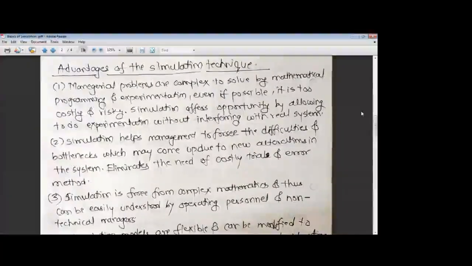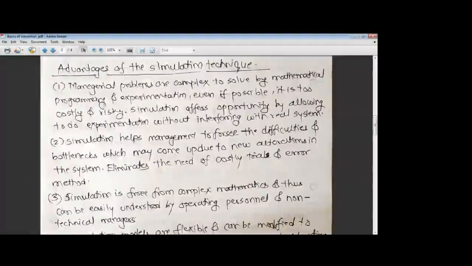I can't go on site and create an entire structure and then check it against an earthquake of 9 or 10 on the Richter scale. So this is not possible.